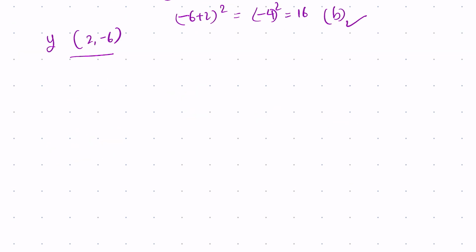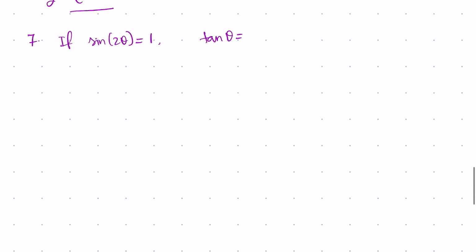All right, moving on. So what do we have in question number 7? Question number 7 says, if sine 2 theta is equal to 1, then tan theta is equal to what? So let's try to simplify the equation first. Sine 2 theta can be rewritten as sine of theta plus theta, right? That's equal to 1.